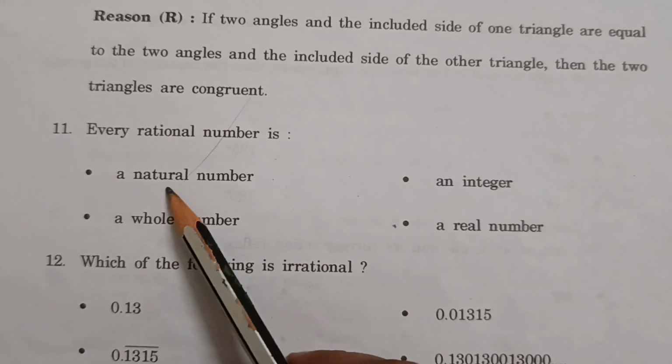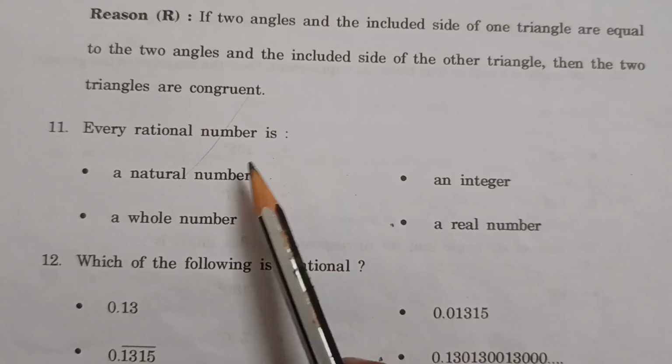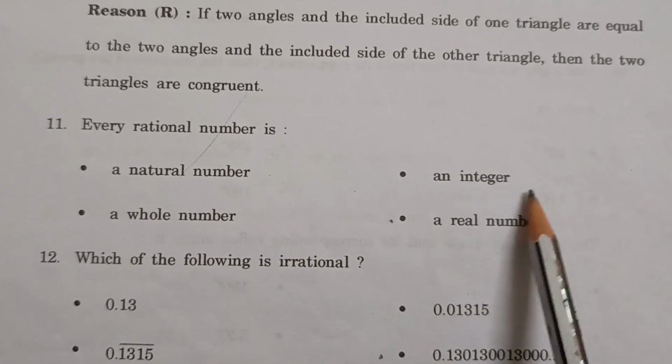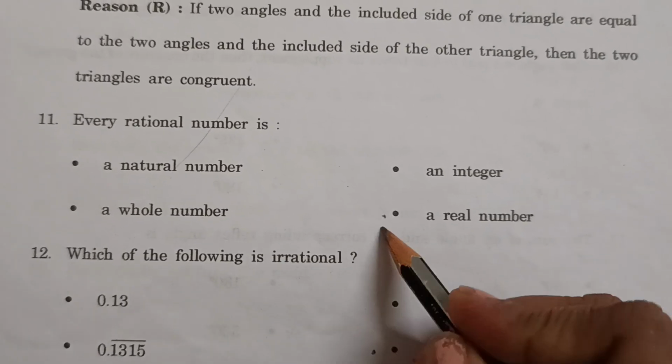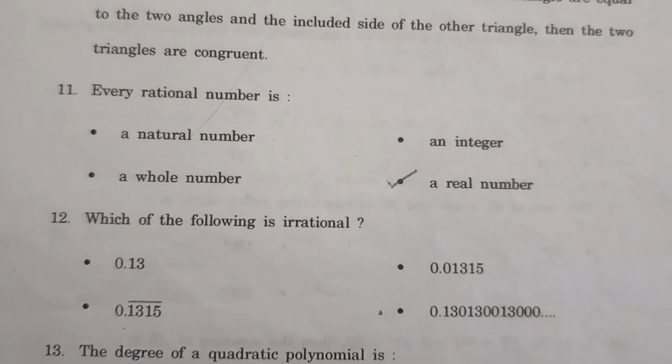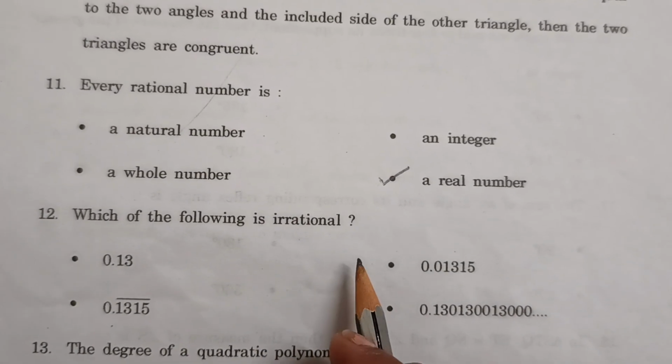Question number 11. Every rational number is. Options are a natural number, a whole number, an integer, and a real number. And the correct option is a real number. Which of the following is irrational?